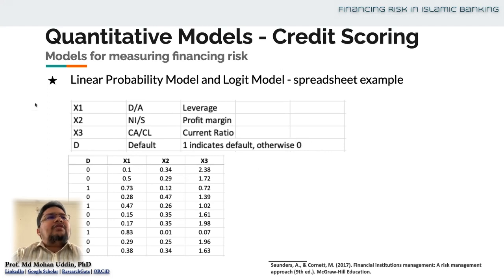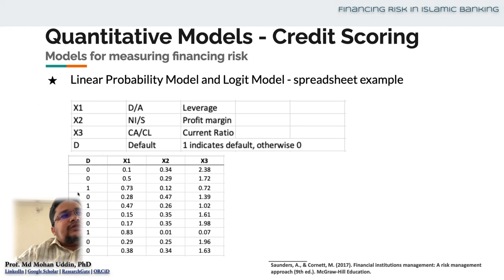Now, for this type of customer, we can collect information. Let's say we have 10 customers, 1 2 3 4 5 6 7 8 9 10, and we have seen that some of them have defaulted. That means the second one, the third one, the fifth one, the eighth one.